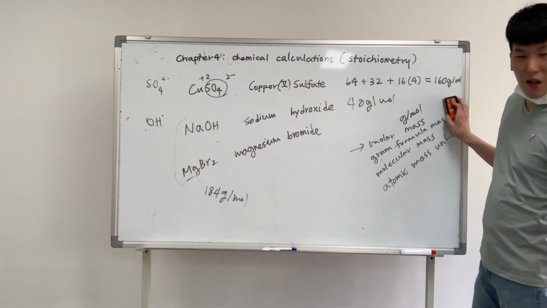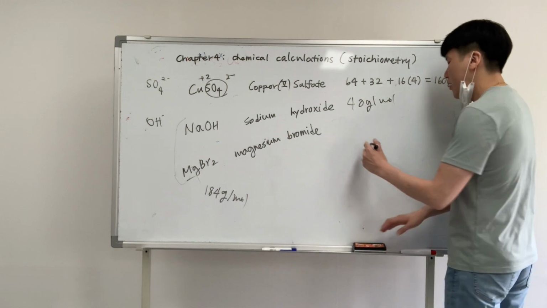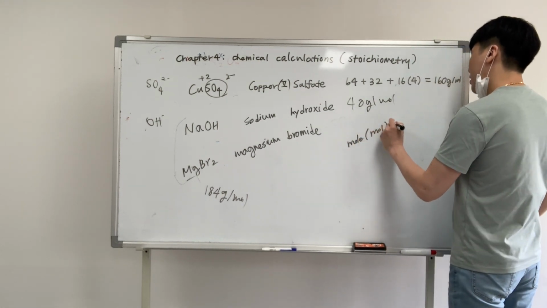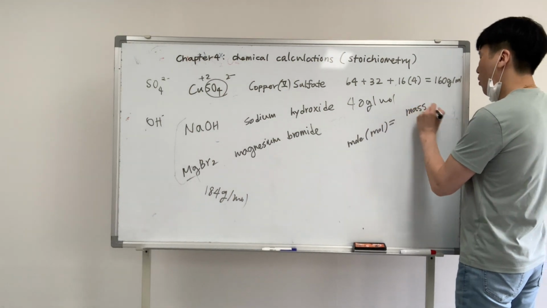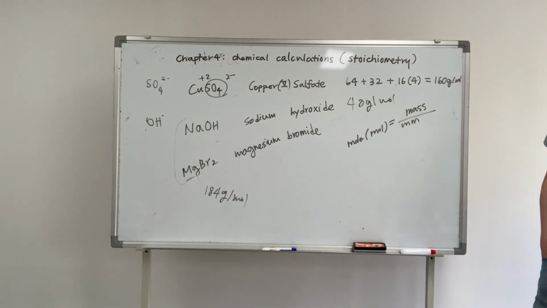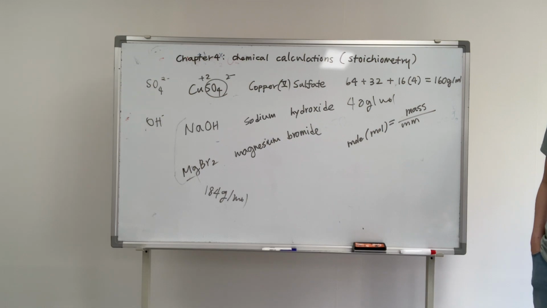First I'll erase. Mole is, the general formula is mole is mass over molar mass. Until when do you need to know this? Until AP Chem ends. Mole is mass over molar mass, alright? And I said mass is certainly different from molar mass. Molar mass we use periodic table to calculate, right?